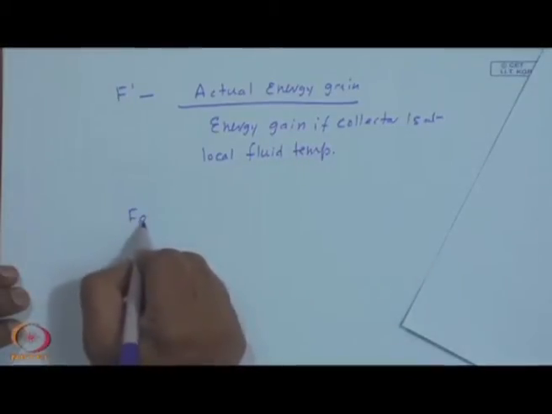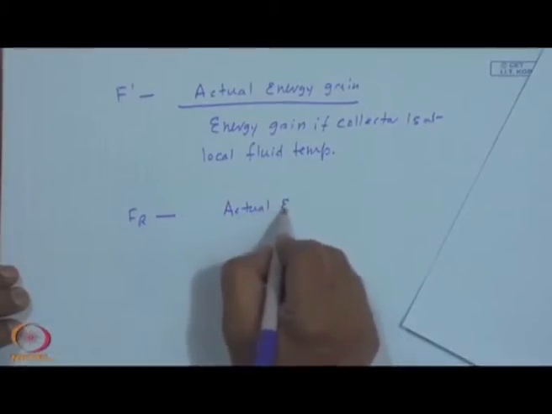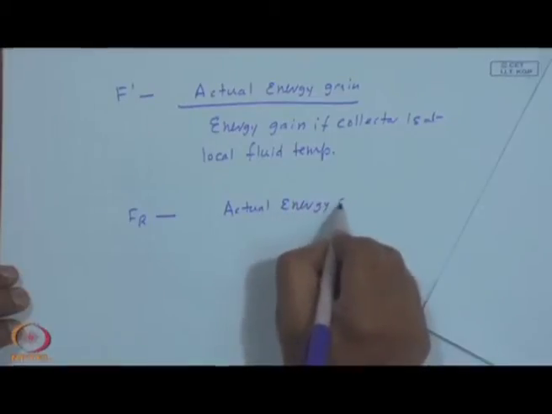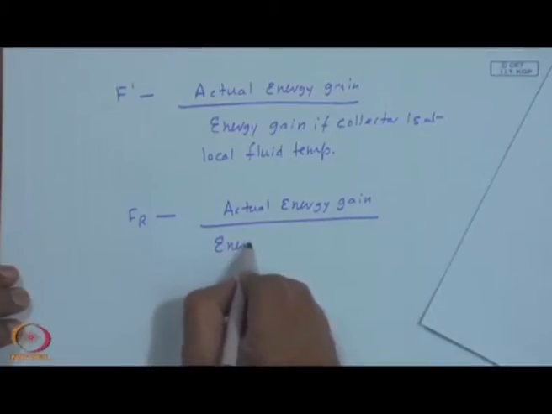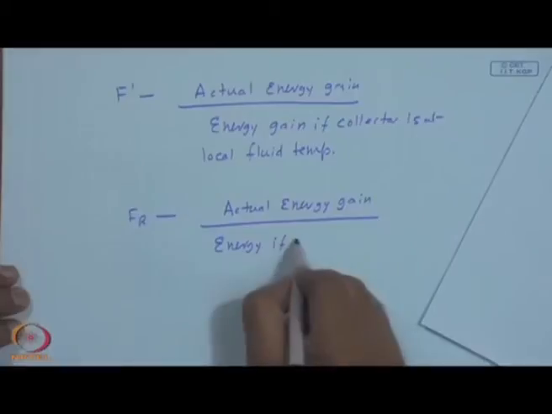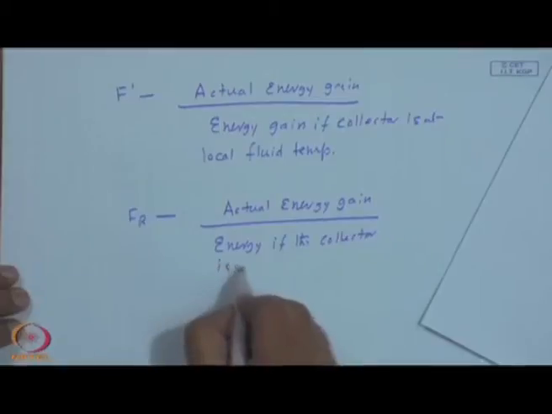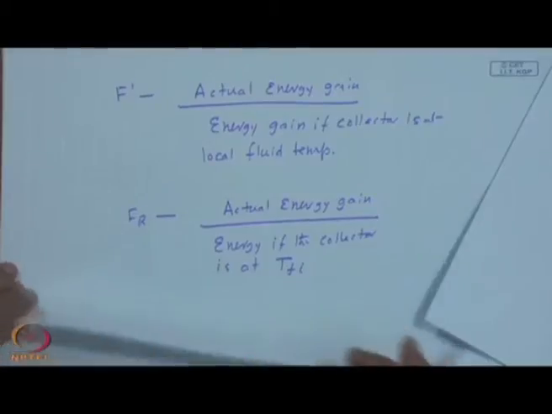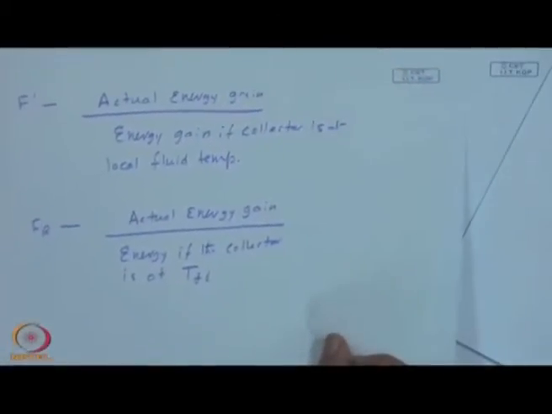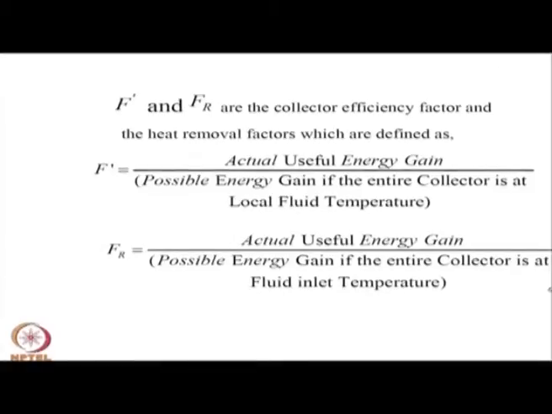Similarly, F r is defined as actual energy gain by energy gain if the collector is at collector fluid inlet temperature T f I. Right? In other words, this is the temperature which causes the minimum of the losses and hence the maximum possible energy gain.